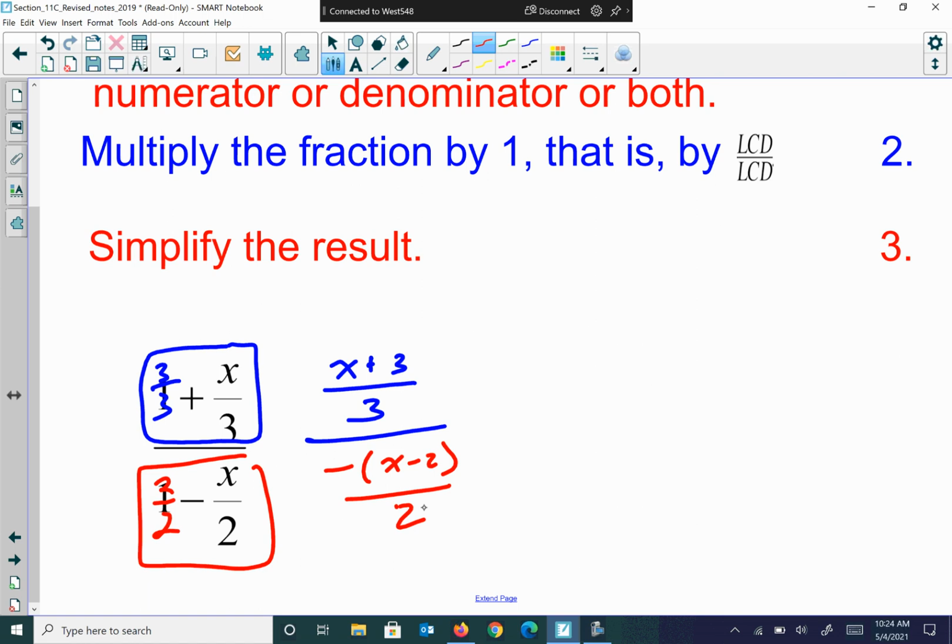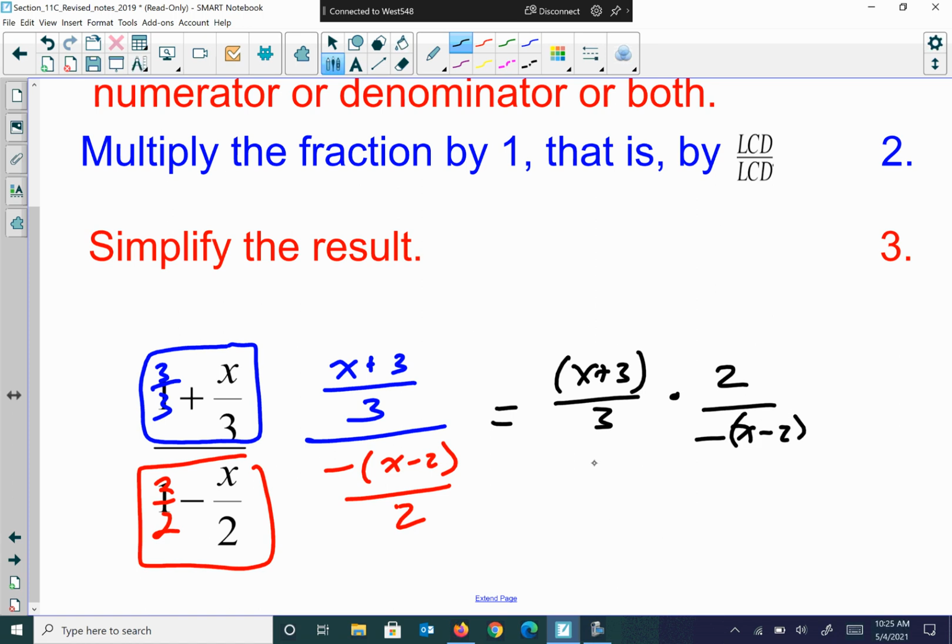Okay? And that'll just help you along the way. It wouldn't be necessarily incorrect if you left it as 2 minus x, but perhaps it might factor. If it does factor, that means that we're going to get a negative as part of the answer. So I'm going to multiply by the reciprocal. So x plus 3 over 3 times 2 over negative x minus 2.